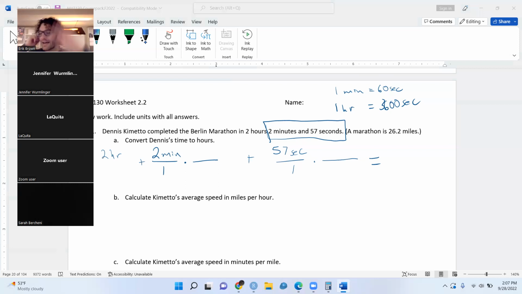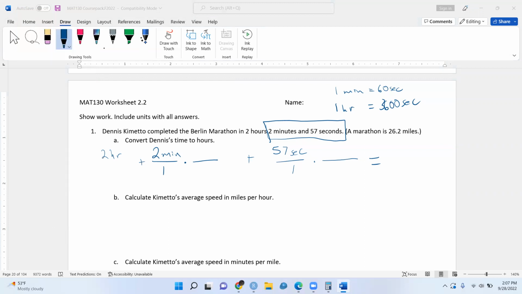Okay, yay. So the first question isn't a rate thing at all. It just says, let's turn Dennis's time into total number of hours. So to figure out how many hours 2 minutes represent, by the way, it's less than an hour, right?